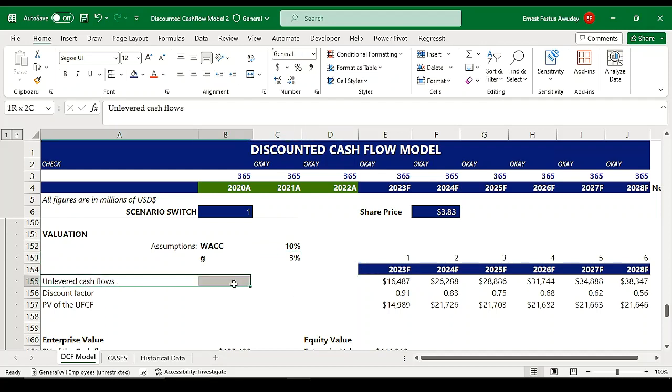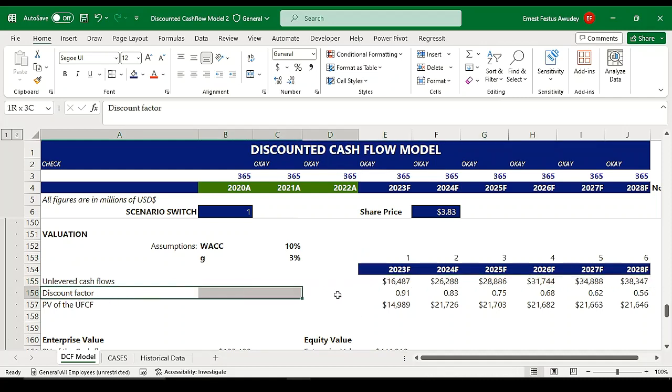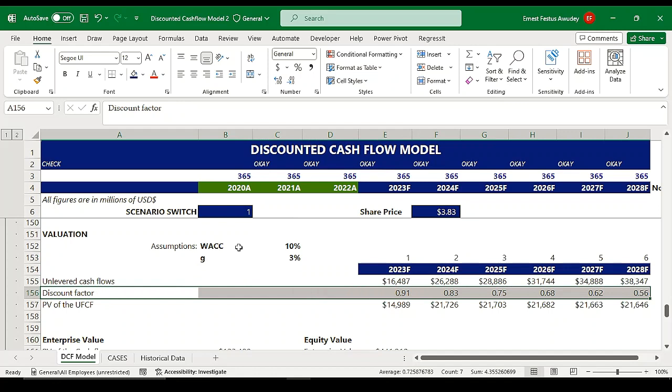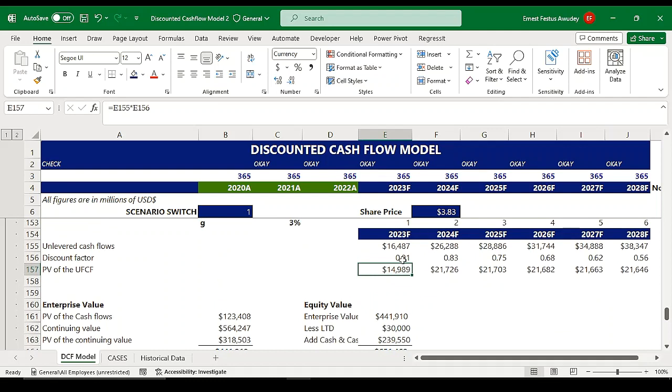So taking our free cash flows, which we have here, we calculated our discount factor using the WACC and the growth rate, and we multiplied the discount factor with the cash flow to get our present value. Now these cash flows are future cash flows, so we discount them into the present to get our present value.